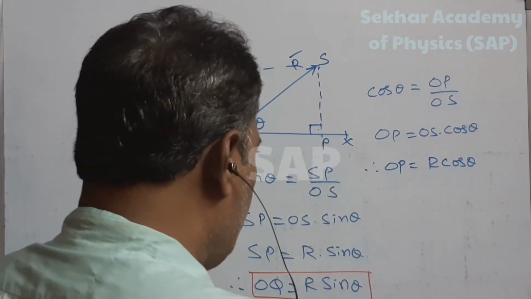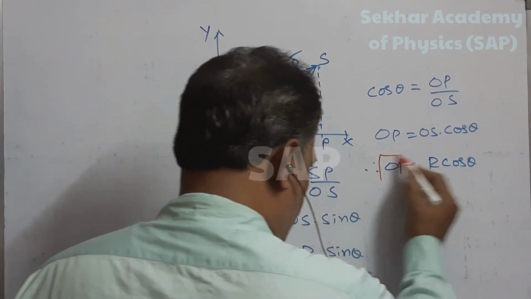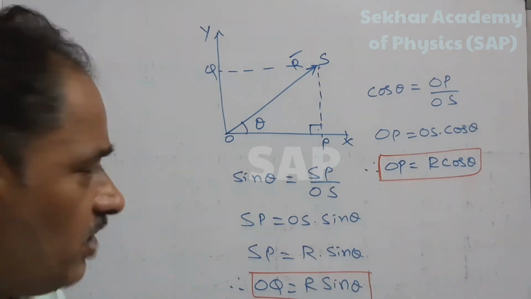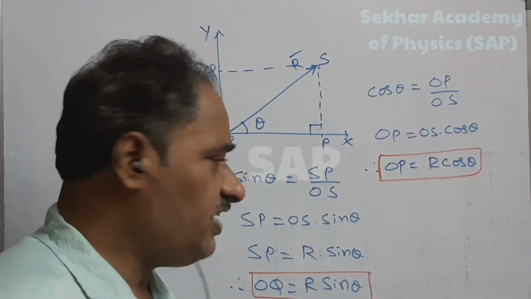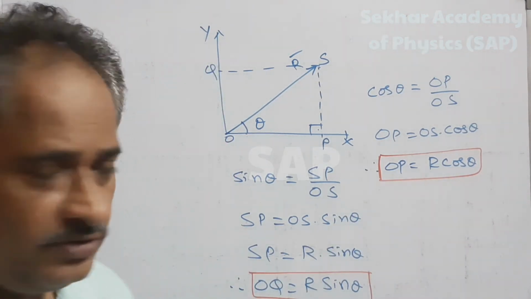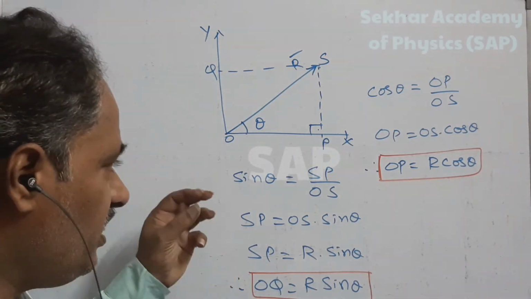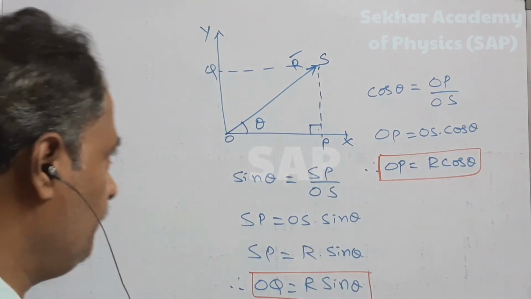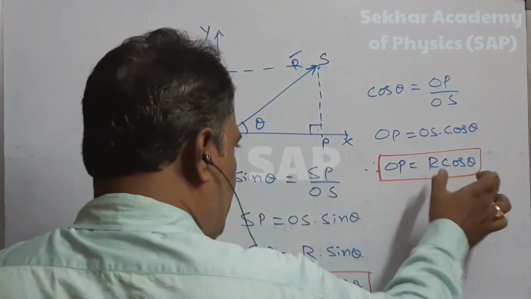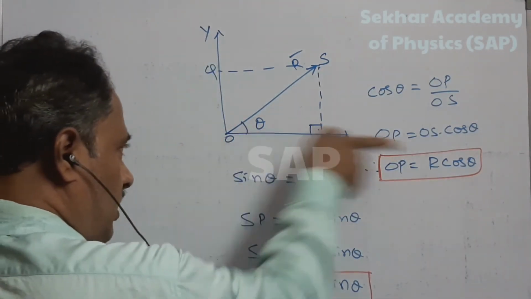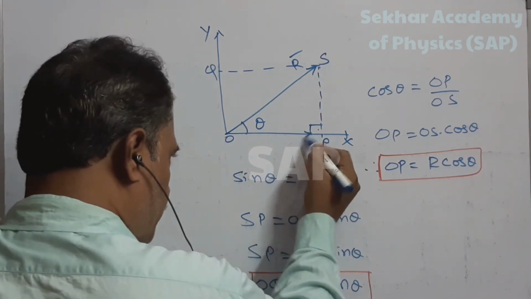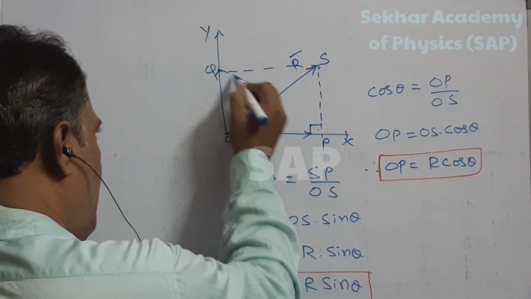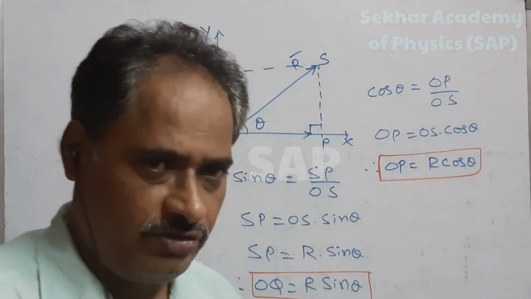Hence, this is another component of that vector R bar. OQ equals R sin theta, OP equals R cos theta. Therefore, OP equals R cos theta along the OX direction, and similarly OQ equals R sin theta along the OY direction.